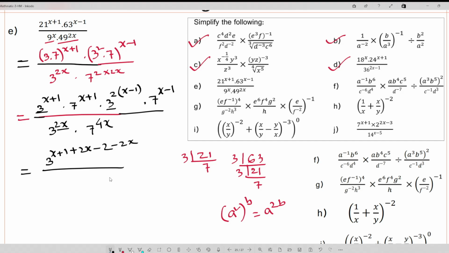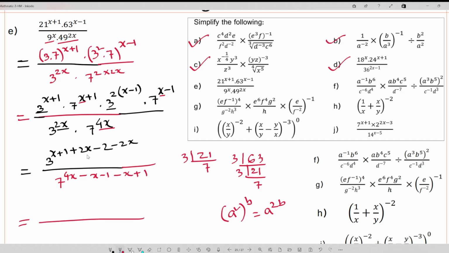Okay, and look, here is 7 to the power 4x, so here is x and here is x, so 4x is larger than above, so we can write like this, 7, here is 4x minus x minus 1, and then also here minus x, this minus 1 becomes plus 1.